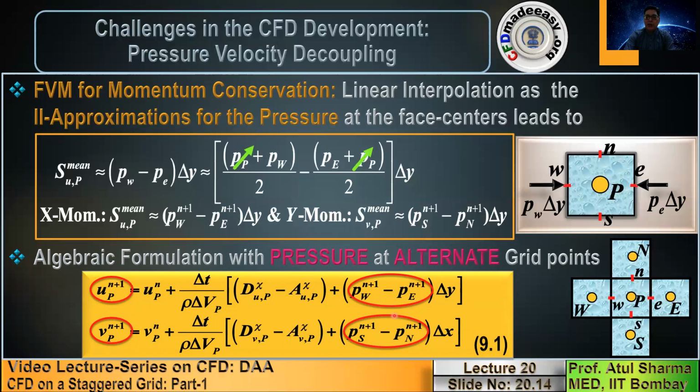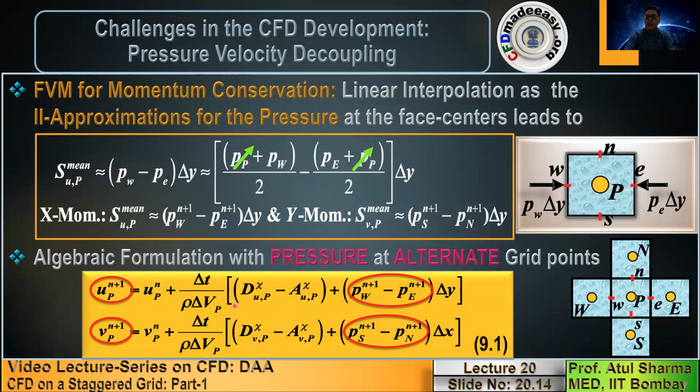So they said that to calculate the velocity at a grid point P, since these velocities do not involve the pressure of the same grid point P, there is a breakage in the communication between the pressure of the same grid point and the velocity of the same grid point. This is what they called pressure velocity decoupling.